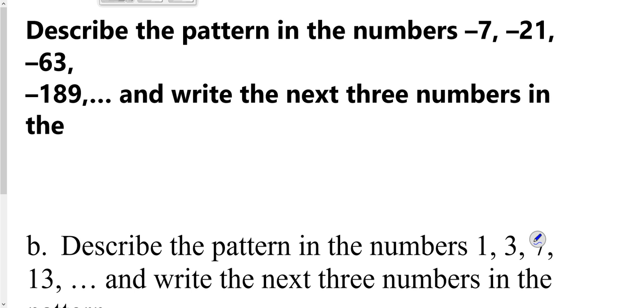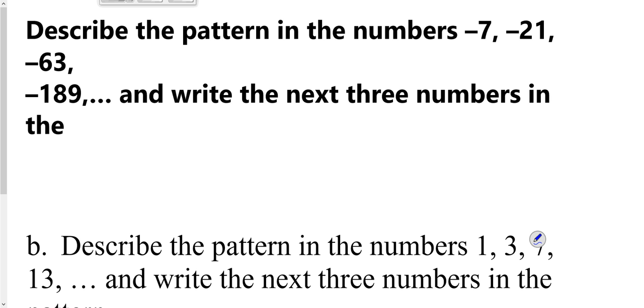So looking at -7 to -21, maybe we're subtracting 14. Well, if we subtract 14 from -21, that doesn't get us to -63. So maybe that's not the pattern. Let's see if we can find something else. We could also multiply -7 by 3 to get -21.